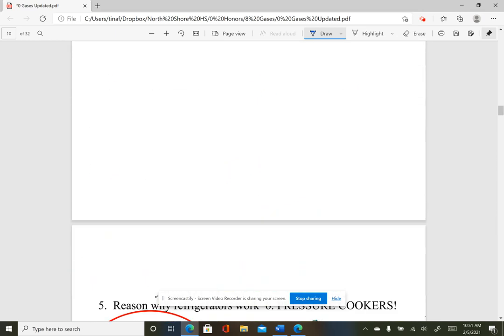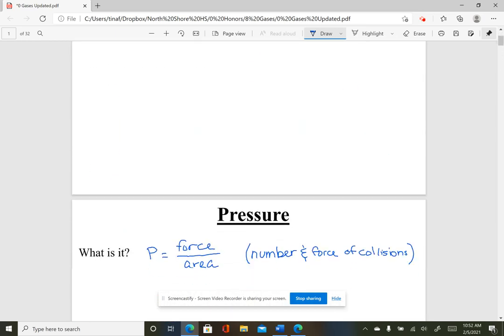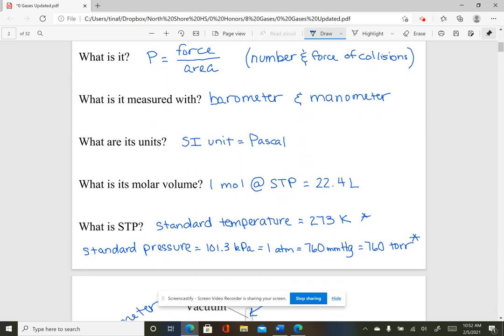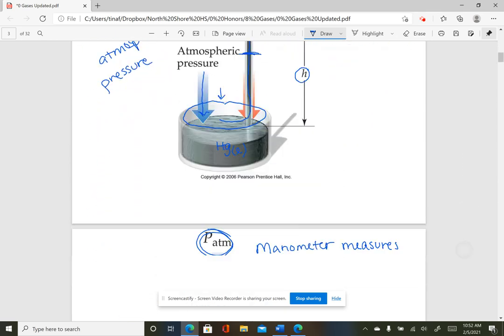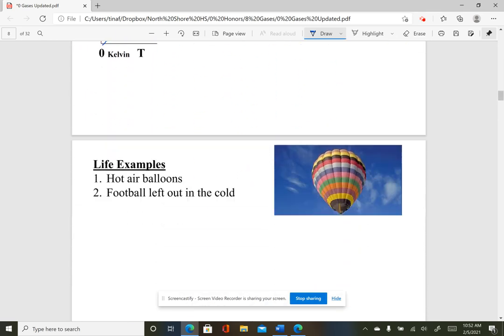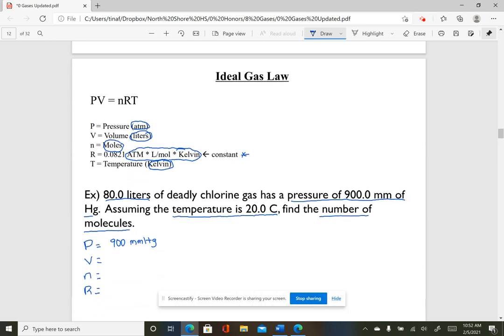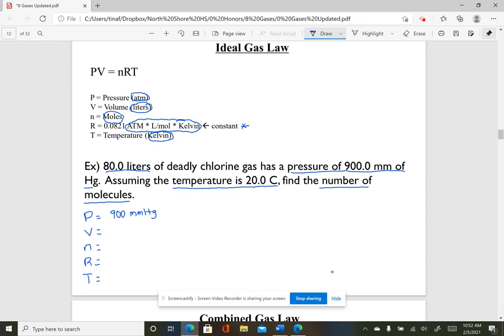So if you guys scroll back to slide number 2, remember this I told you about down here? These are your conversion factors, guys. 760 millimeters of mercury is the same as 1 atm. So that's my conversion factor. I want to cancel out millimeters of mercury, and I want to end up with atms.